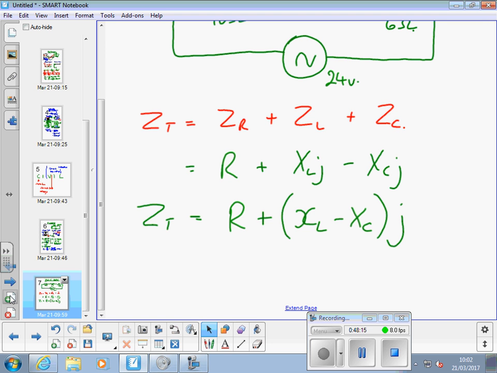So that should show that if XL is bigger than XC, overall you'll have a positive reactive component. Circuit will be inductive overall.